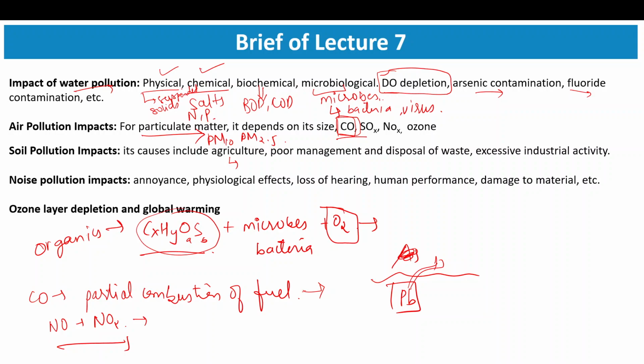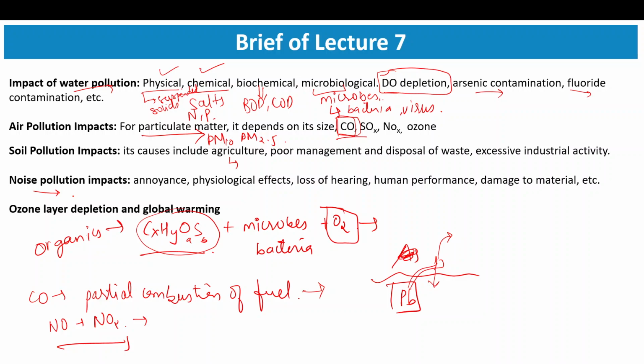This plant will now have lead in it, and it will further move on to the next species through the food chain, whenever this plant is consumed as food by human beings or animals. So this is how it goes into the food chain, and it creates hazardous impacts.